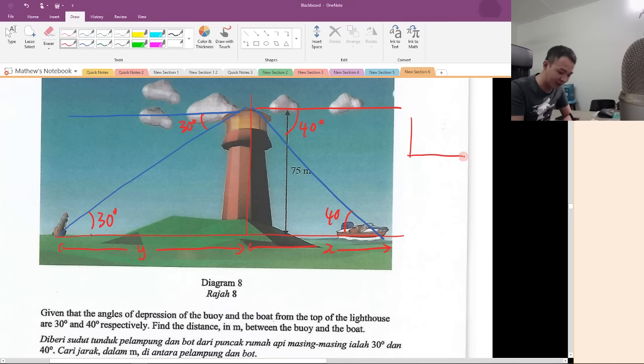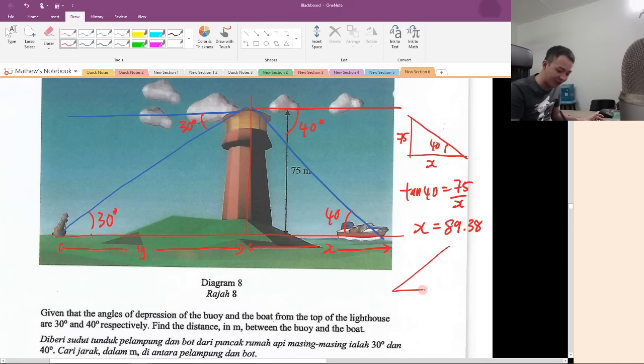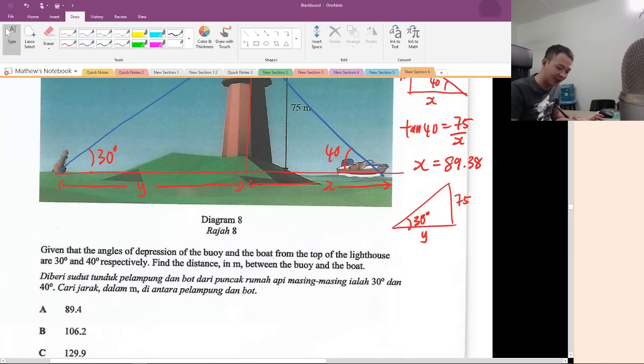For this triangle, I have 40, I have 75, and I have X here. I know I need to use tangent. Tangent 40 equals 75 over X, so X equals 75 over tangent 40. So I should get 89.38. Then I do the same thing for the other triangle. This is 75, this is Y, this is 30 degrees.